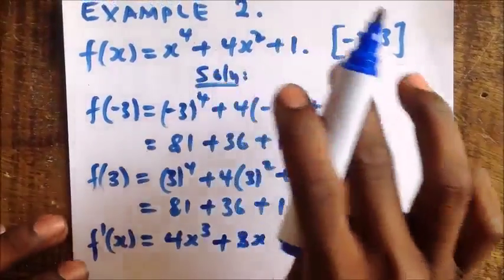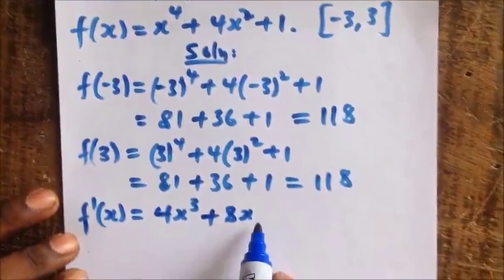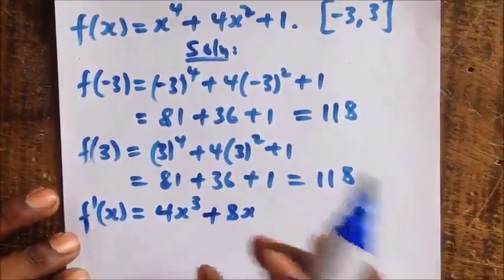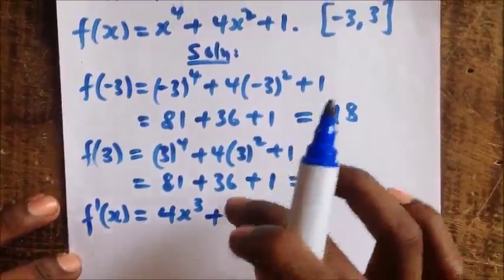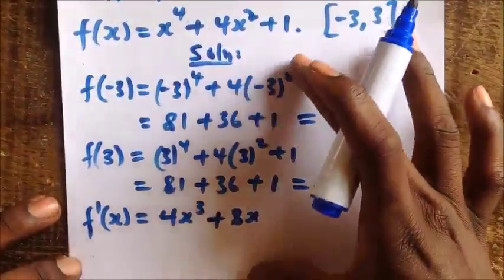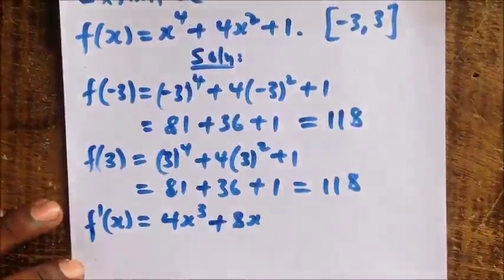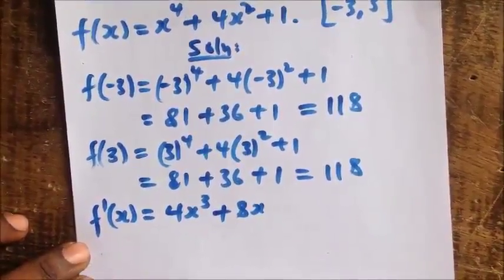Derivative of 1 is constant, so it's 0. Then the function is differentiable, because we differentiate the function and we still have a variable in the function. So since the function is continuous on that interval and the function is differentiable, therefore the function satisfies the hypothesis of Rolle's theorem.